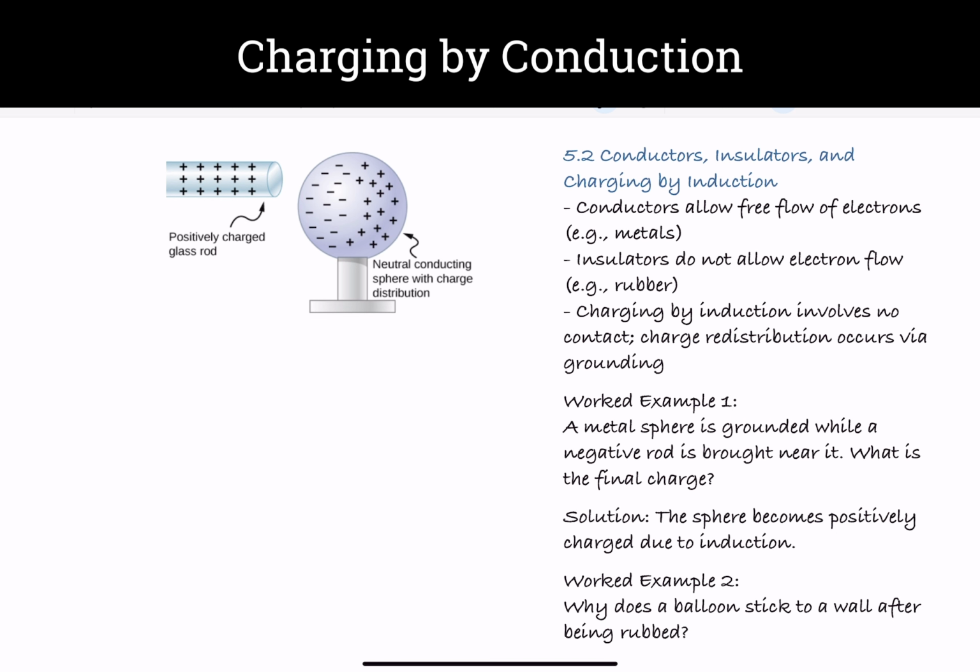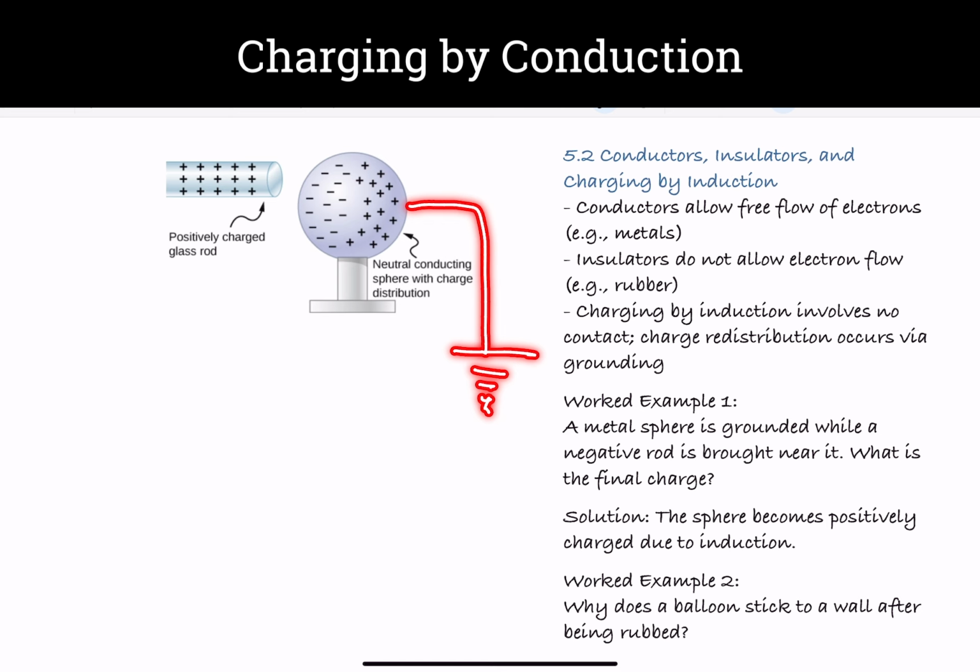Here is an example. A metal sphere is grounded while a negative rod is brought near it. What is the final charge? So you are grounding it, and then while keeping it grounded, you are bringing a negative rod near it. What's going to happen?